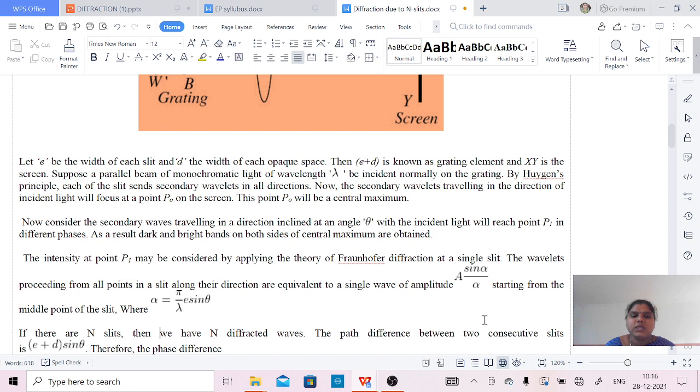The wavelets proceeding from all points in a slit along the direction are equivalent to a single wave of amplitude A sin alpha by alpha, starting from the middle point of the slit, where alpha equals pi by lambda into e sin theta.